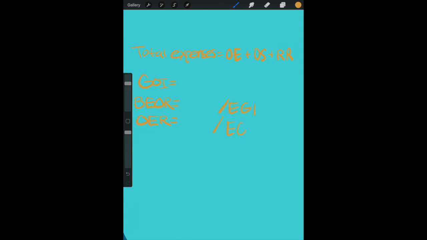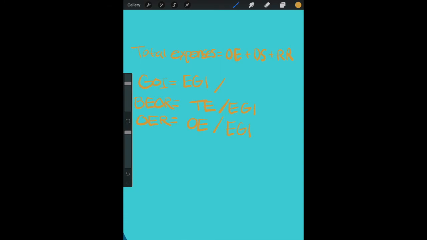So your bottom two are just going to be divided by EGI. And then your top one is going to be EGI divided by. So I would just kind of memorize that little setup and then start filling it in. So your BEOR is your total expenses divided by your EGI. Your OER is your other expenses divided by your EGI.